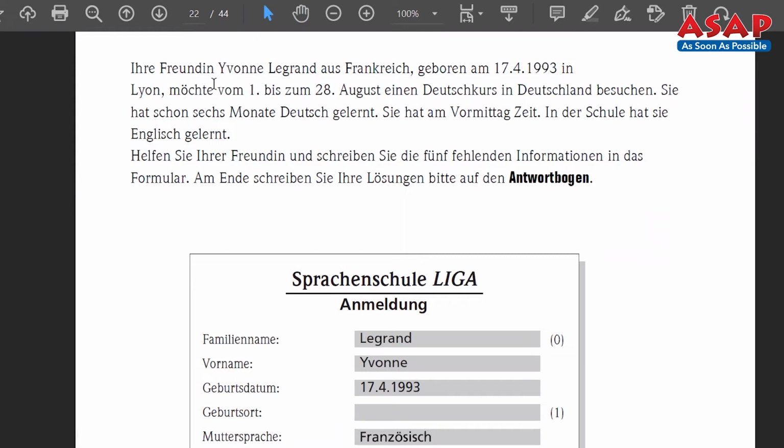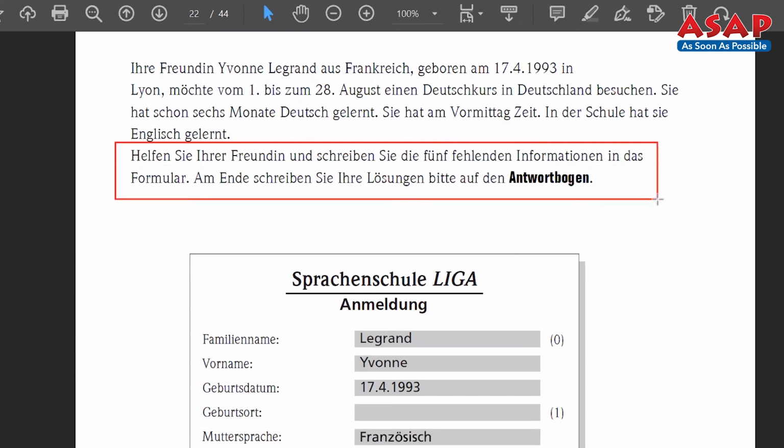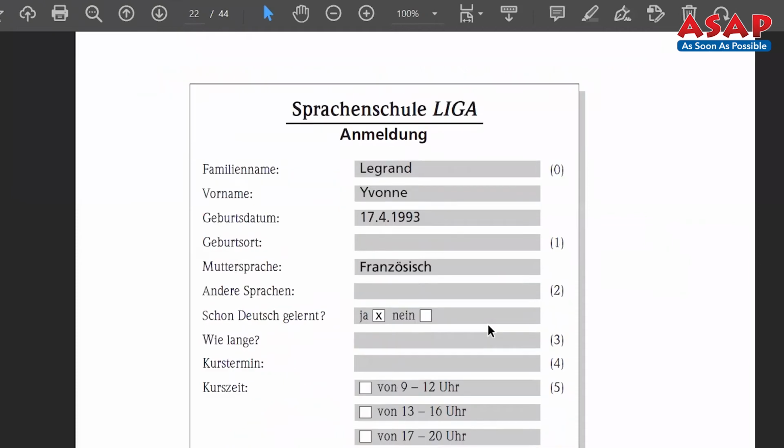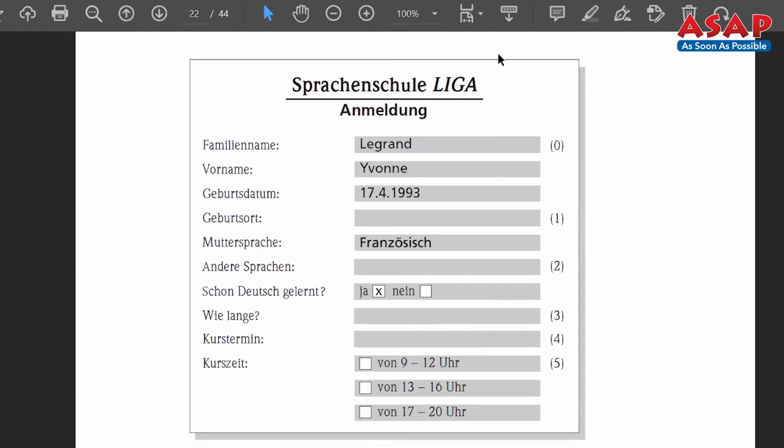And then below that you can see "Helfen Sie Ihrer Freundin," help your friend, "und schreiben Sie die 5 fehlenden Informationen in das Formular." So help your friend to fill that form. She has filled some information and she needs your help to fill the rest of the information in the form.